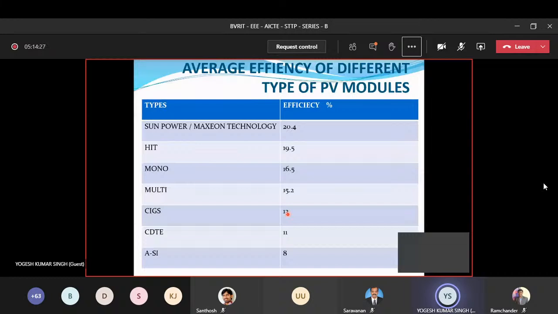The capacity utilization factor is defined as the total energy generation from the plant divided by the total capacity of the plant multiplied by 24 multiplied by 365 days.